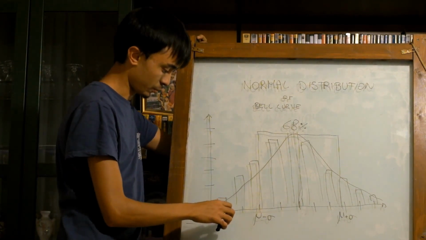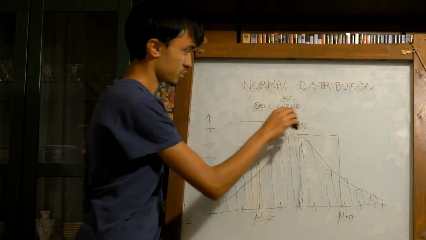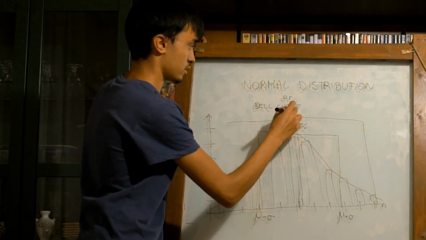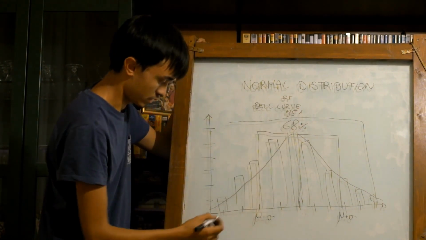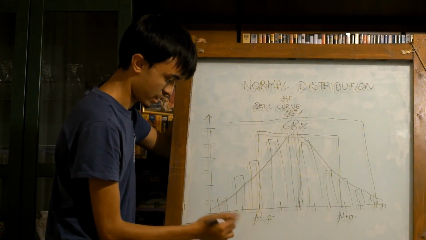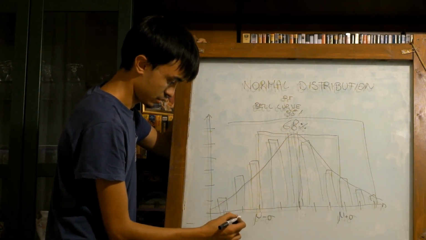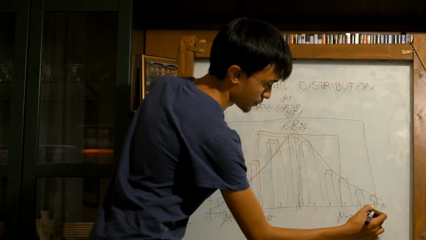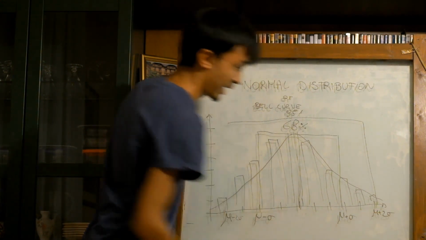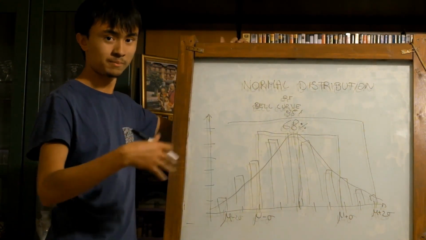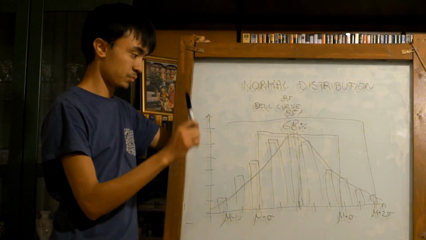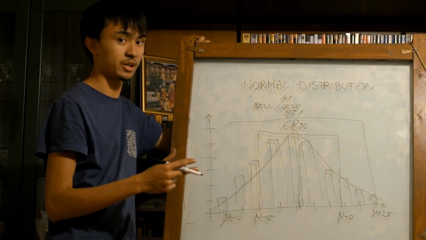The 95% is contained within the mean plus or minus two standard deviations. And the 99.7% is contained within the mean plus or minus 3 standard deviations.